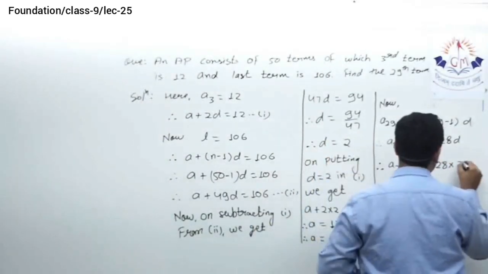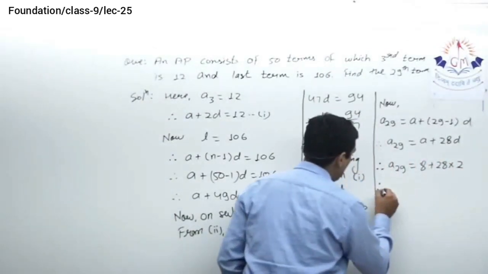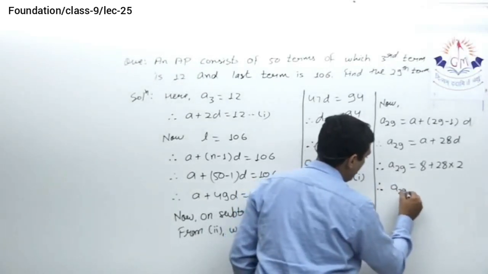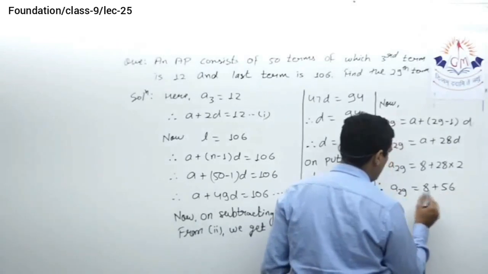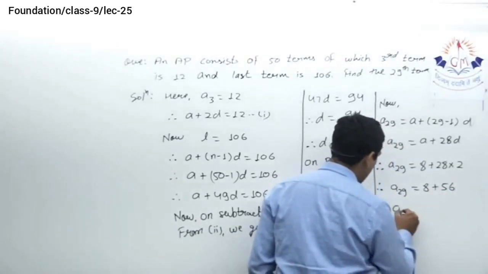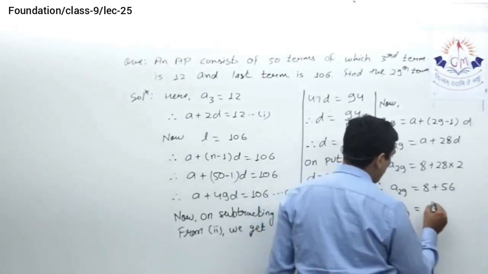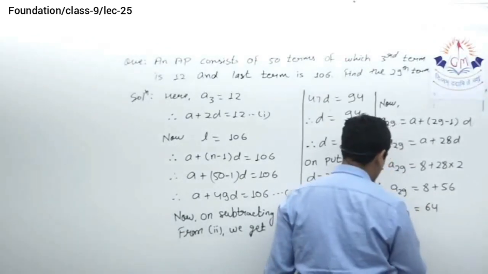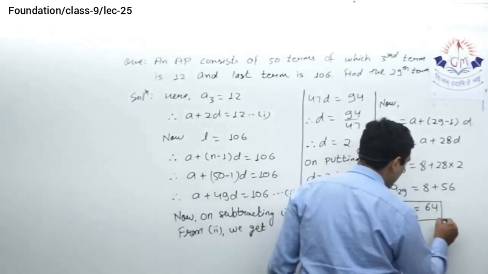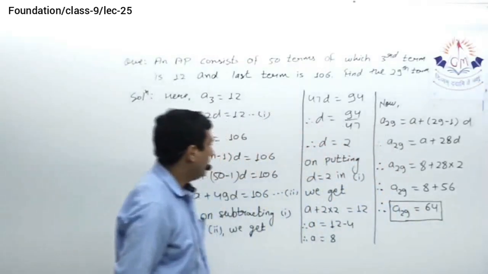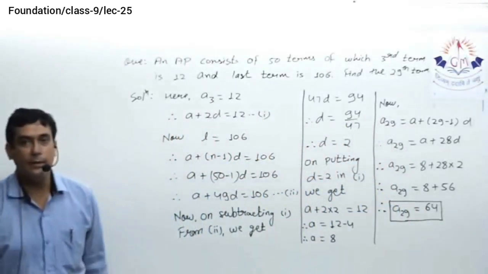D is 2. So here I'll get the value of A29, that is equal to 8 plus 56. So ultimately A29 is equal to 64. So this is my final answer. Please note down, then we'll see the next question.